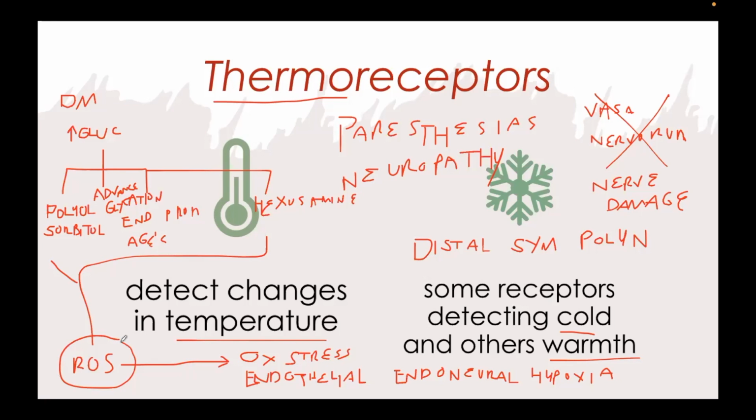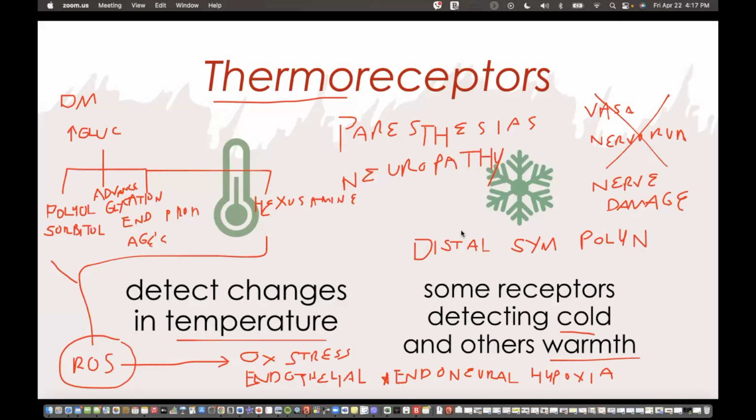When there are too many reactive oxygen species compared to our body or system's ability to remove them, then oxidative stress occurs. With this oxidative stress follows endothelial dysfunction as well as endoneural hypoxia. This leads to occlusion of the vasa nervorum and nerve damage. This is the reason why.